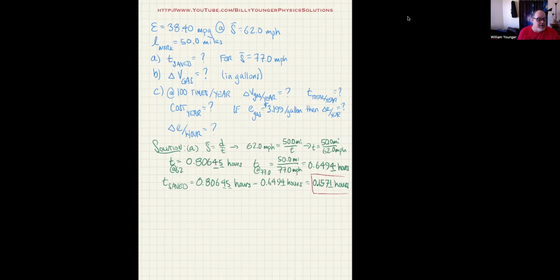Now part B is how much more gas did you use? So for part B, I want to calculate the fuel efficiency. What I know is efficiency is equal to some constant, which I'll just call K, over the speed squared. Actually, let me do speed since I'm sticking with speed right now.